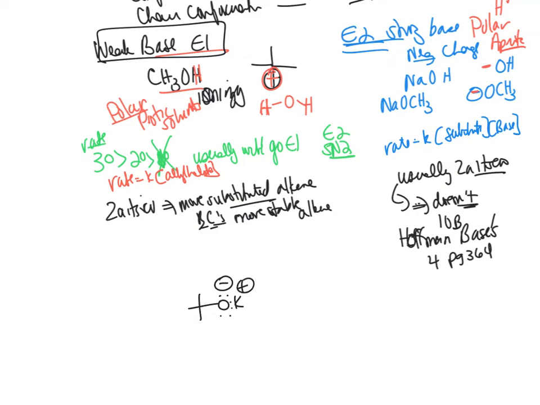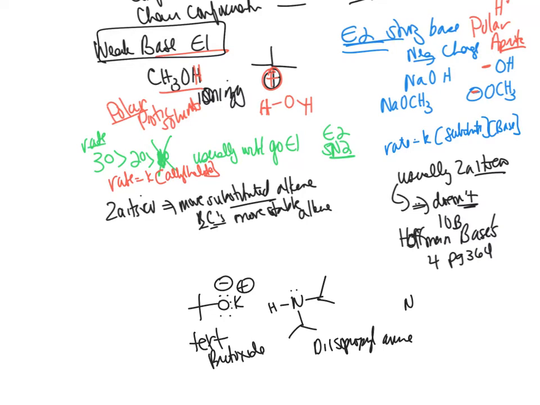Okay, that's a strong base. You'll see diisopropylamine. Okay, diisopropylamine. This is tert-butoxide. Triethylamine. Looks like that. You might see it like this.